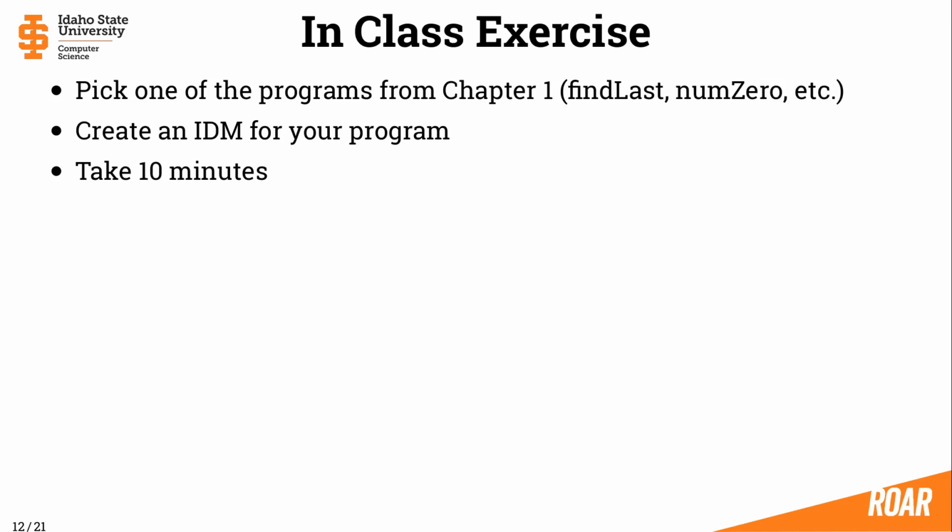Find one of these, and think about what might be a good set of characteristics and a way of partitioning, creating the input domain model for this program, okay? It should take you about 10 minutes to do it, maybe a little bit less. But anyway, pause the video, do that, and then we'll continue forward. Okay, now that we've returned.